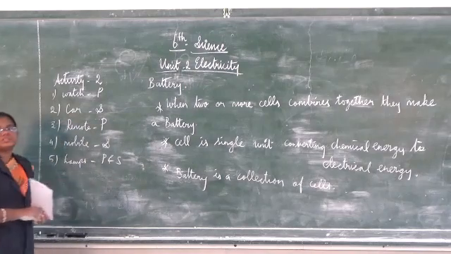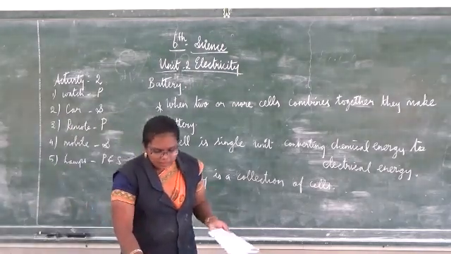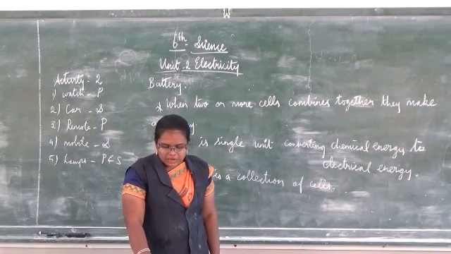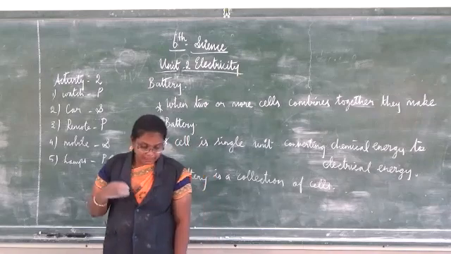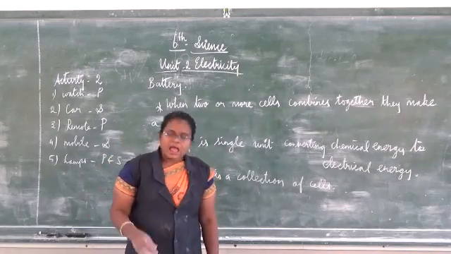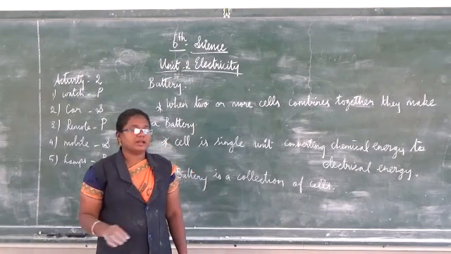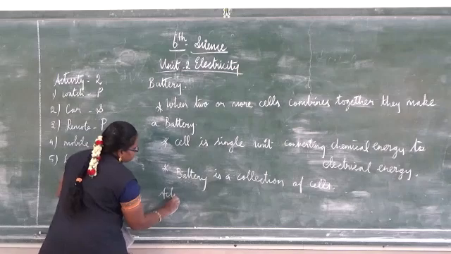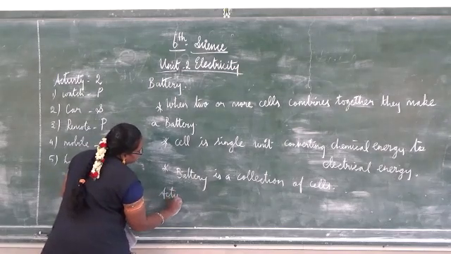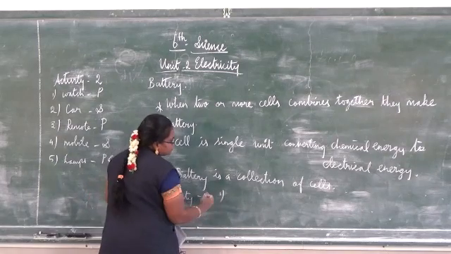Next we are going to see activity 3. In activity 3, what have they given? See, they take a dry cell used in a flashlight or clock. From that we are taking the cell and we are asked to find which is the positive side and which is the negative side. What is the first question?